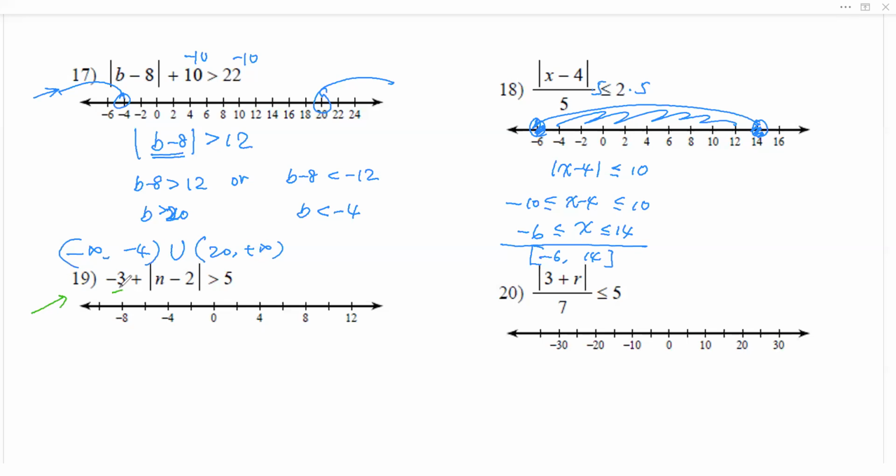19. Both sides plus 3 first. So you can get the absolute value of m minus 2 greater than 8. So m minus 2 greater than 8 or m minus 2 less than negative 8, right? You got 2 of them. So m less than negative 6, or m greater than 10.